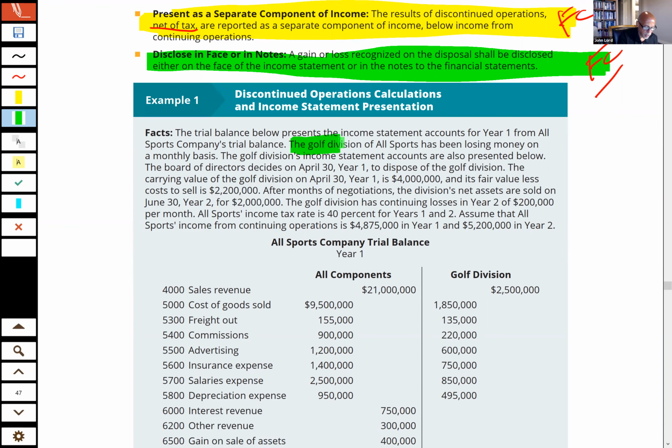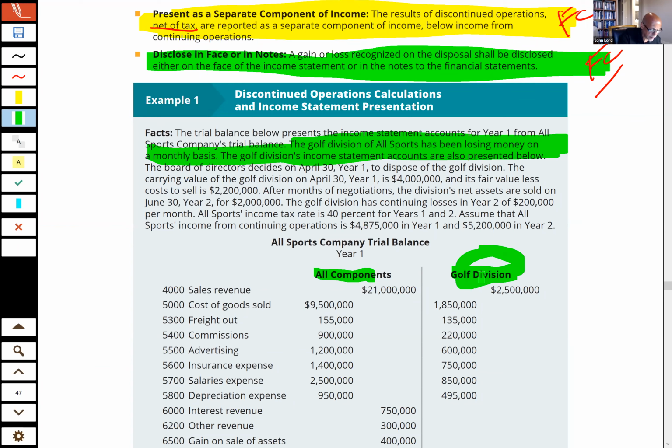The golf division of All Sports has been losing money on a monthly basis. The golf division's income statement accounts are also presented below. So you've got the entire company and you've got the golf division, which is what we're really going to focus on. The board of directors decides on April 30th, year one, to dispose of the golf division.